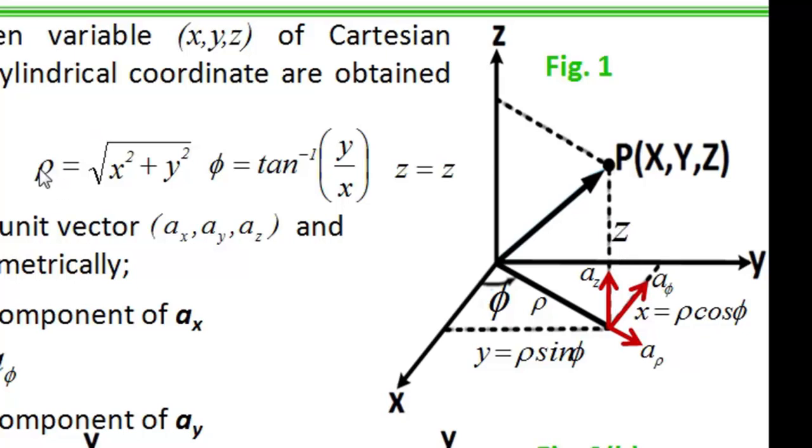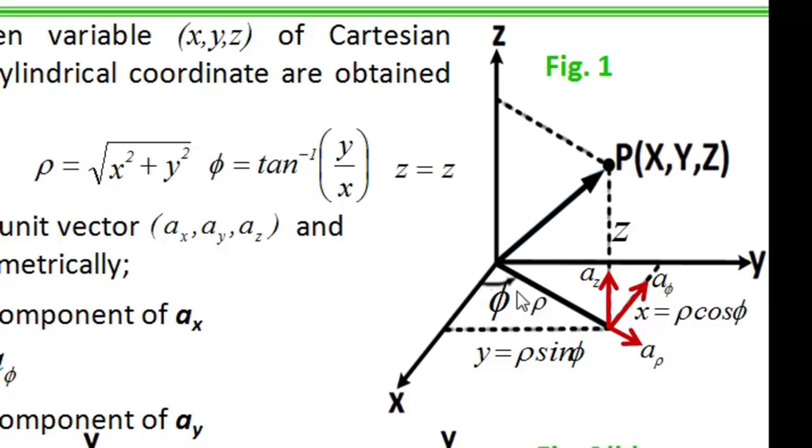From this relation we can calculate rho. After squaring these two components, the x component and y component, we find rho square is equal to x square plus y square, and simply we can write rho is equal to square root of x square plus y square.